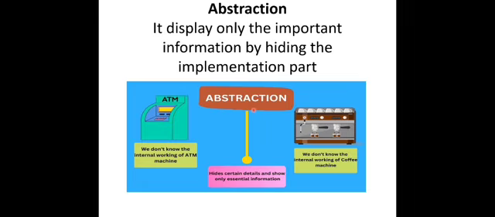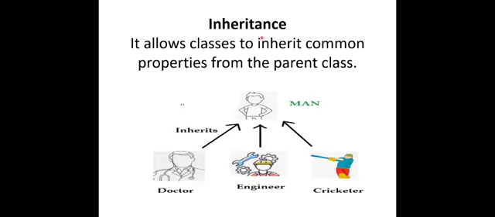The next topic is inheritance. Inheritance is another important concept in object-oriented programming. In Java, inheritance is a mechanism by which one class acquires the properties and behavior of a parent class. It creates a parent and child relationship between classes. In Java, we use inheritance mainly for code reusability and maintainability.